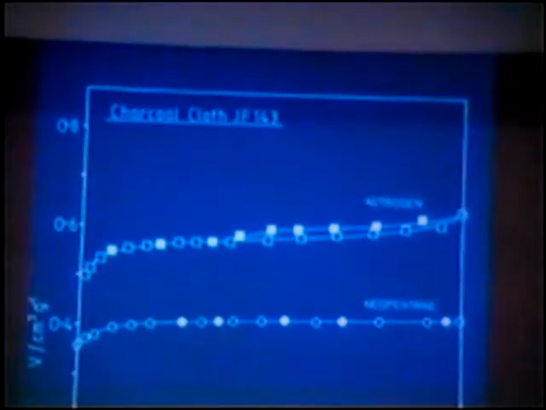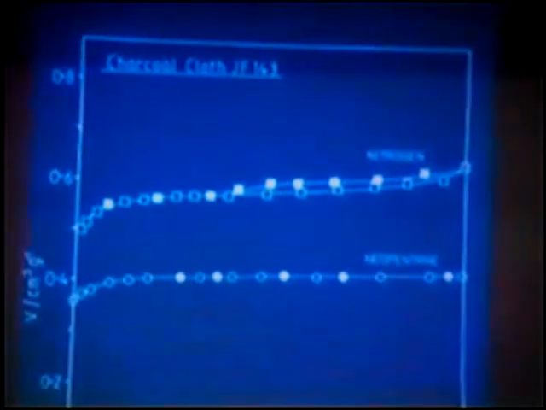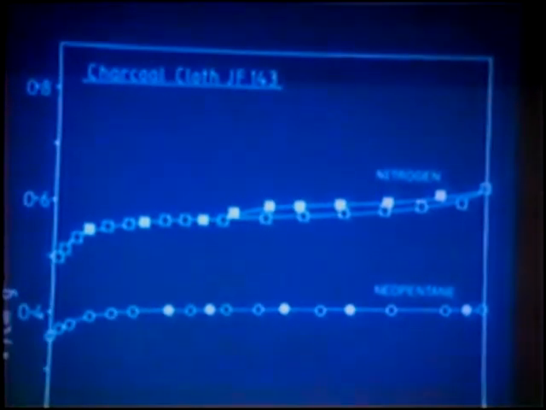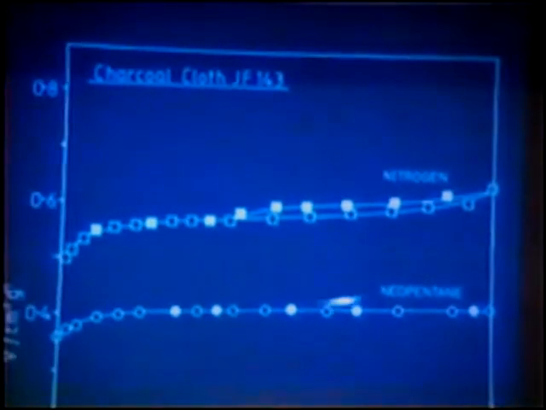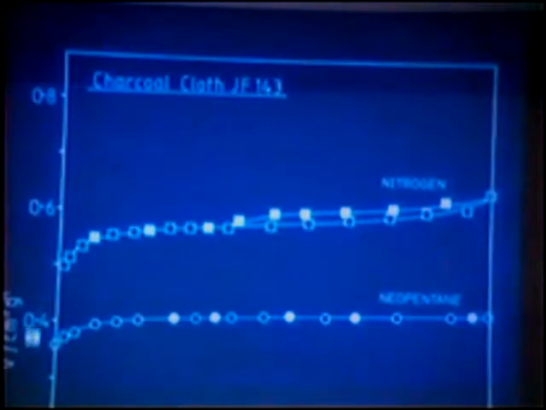Right, now we're beginning to see some molecular sieving taking place, but in doing so, we see that in this particular case, the neopentane isotherm is very sharp here and remarkably flat.